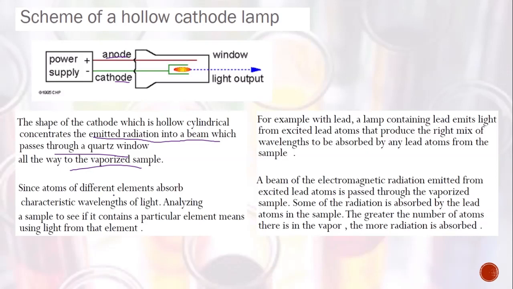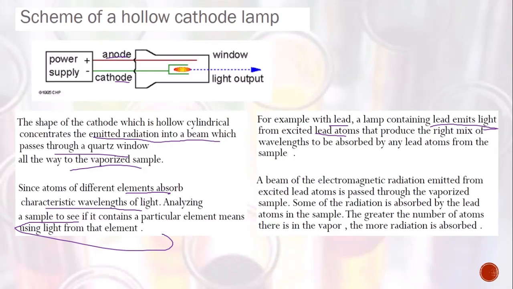Since the atoms of different elements absorb characteristic wavelengths of light differently, analyzing a sample to see if it contains a particular element means using light from that element. For example, with lead, a lamp containing lead emits light from excited lead atoms that produce the right mix of wavelengths that can be absorbed by the lead atoms from the sample.